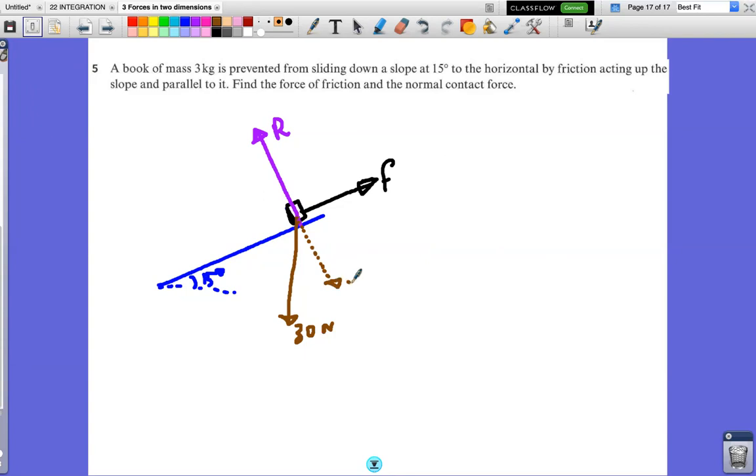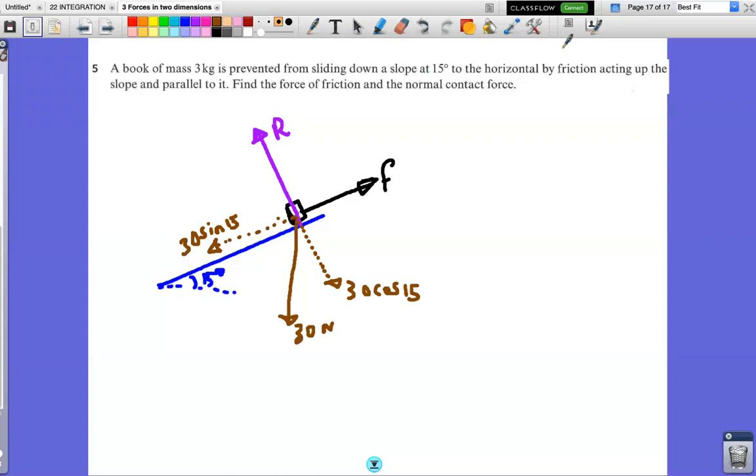This component is always going to be 30 cos 15, and this component will be 30 sine 15.